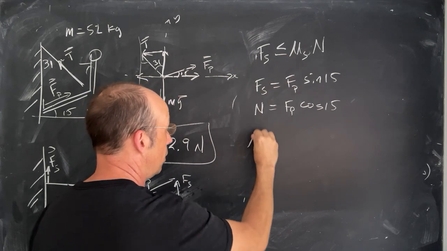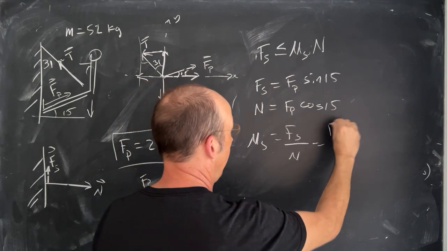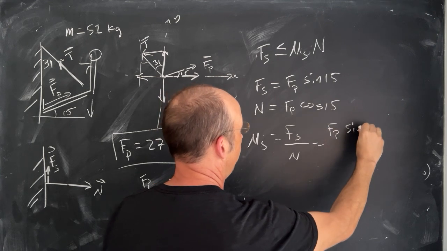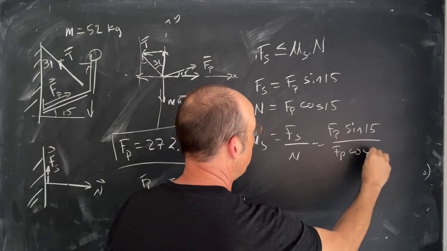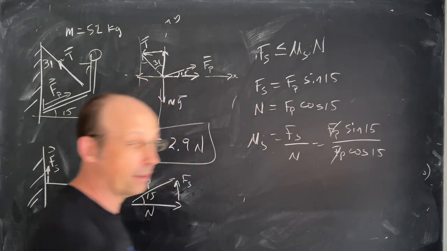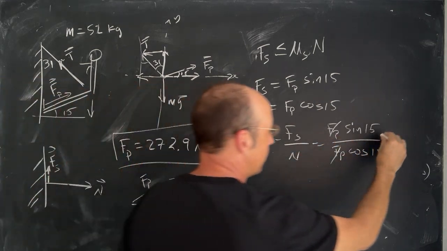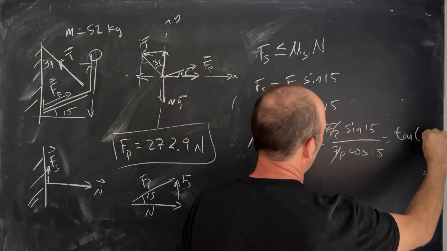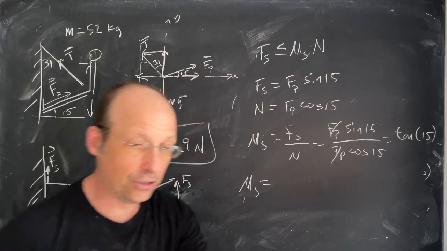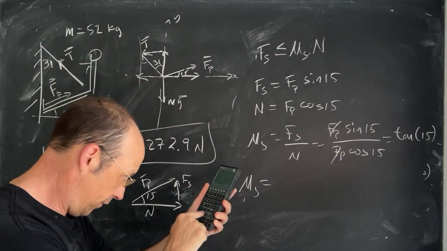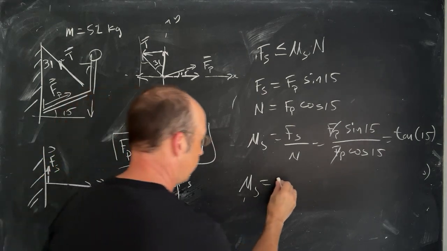So the coefficient mu s is Fs over N, which is going to be Fp sine of 15 divided by Fp cosine of 15. Oh, look at that. Those cancel. And that's tangent, which you could write out if you want. So the coefficient of friction is going to be the tangent of 15 degrees, 0.268.